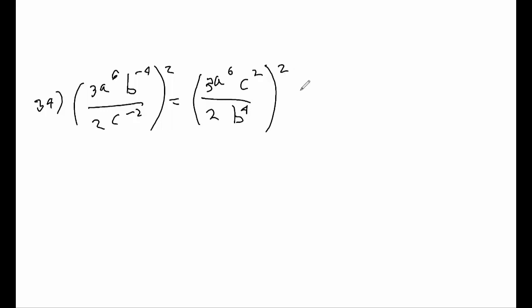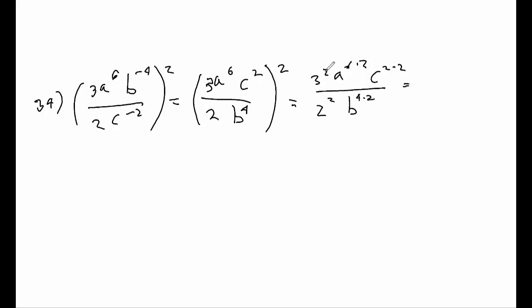And now I will proceed to organize and bring everything in. So I now have 3 squared a to the 6 times 2, c to the 2 times 2, all over 2 squared b to the 4 times 2.